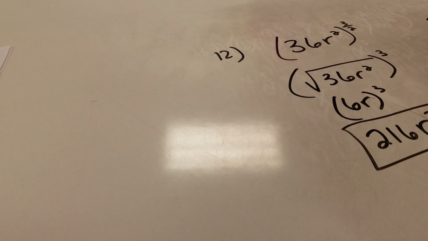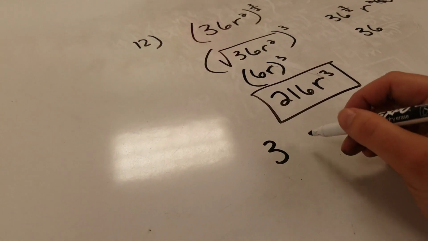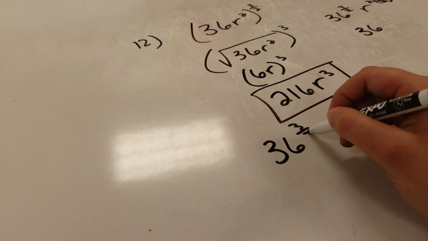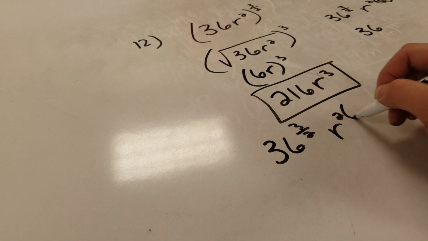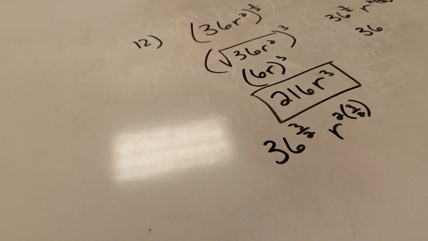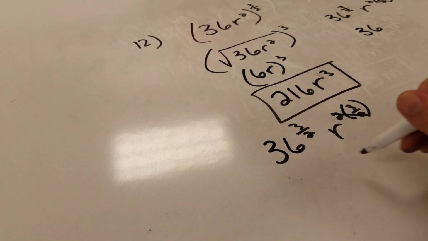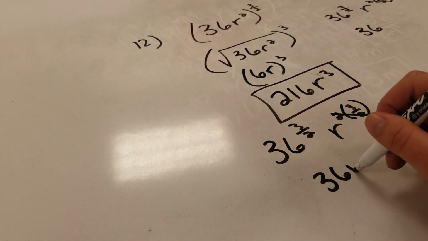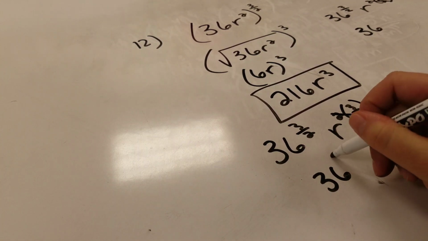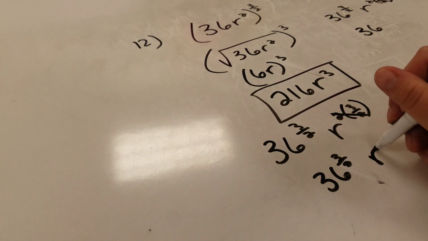So the other way to do that, again, would be distribute. So we'd have 36 to the 3 halves, r squared times 3 halves. The 2's are going to cancel, leaving us with 36 to the 3 halves, and then r cubed.